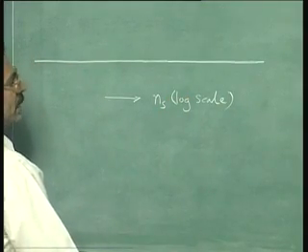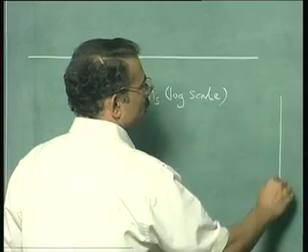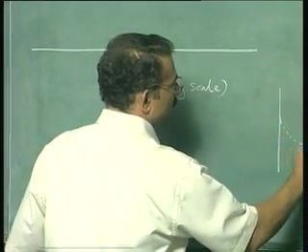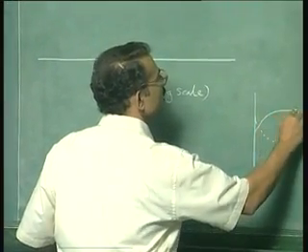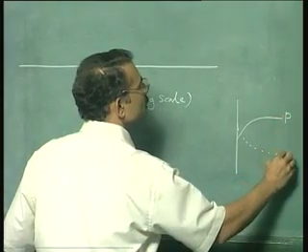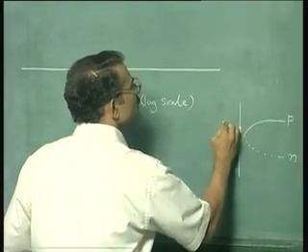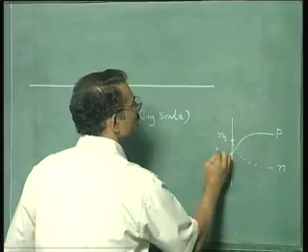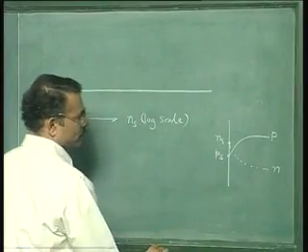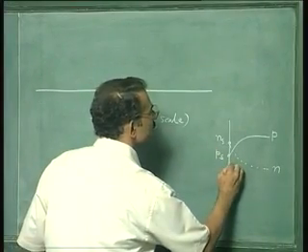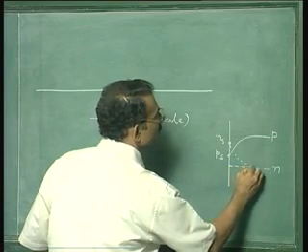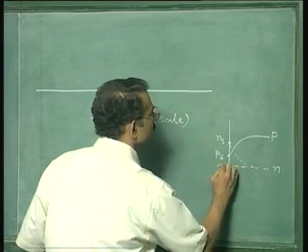Now, what is Ns? If these are the hole and electron concentrations for any voltage, this quantity is Ns and this quantity is Ps, and this bulk concentration of electrons, this we will denote as N naught.